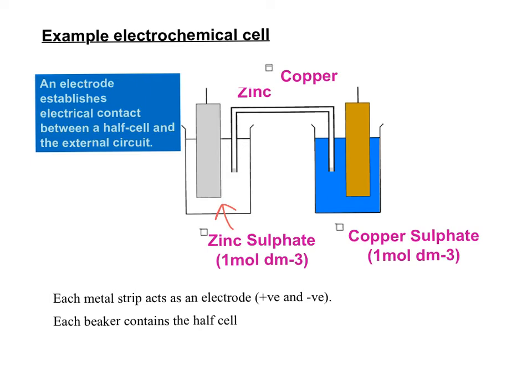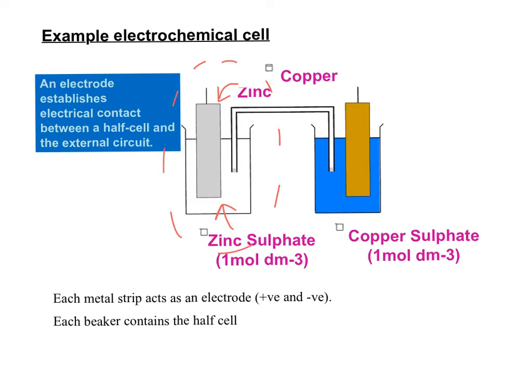That will provide the zinc ions. Into that solution we will dip a strip of zinc metal and that will become the zinc electrode. Overall, this beaker will be the half equation for the oxidation process.